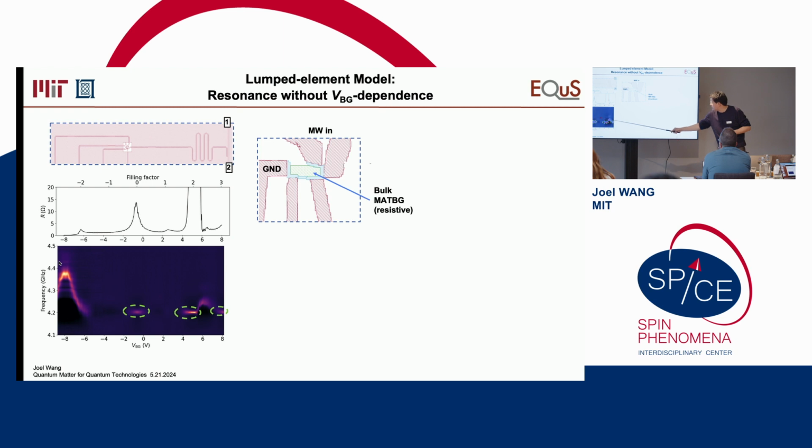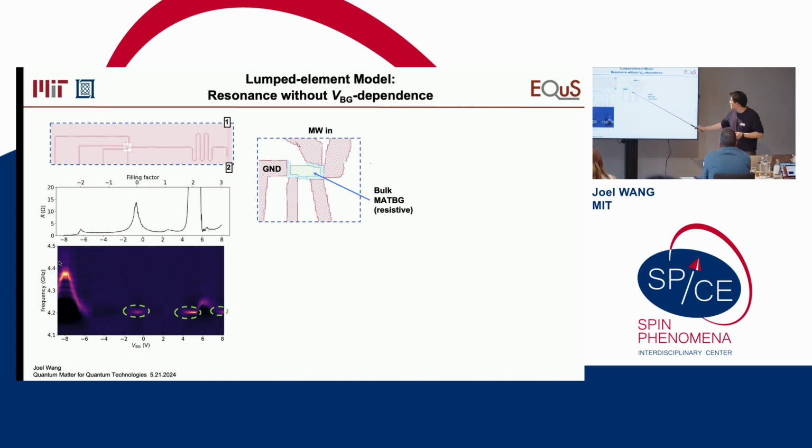First of all, we look at these resonances, and we know this device is insulating, so the bulk of the graphene is insulating, a large resistor. However, we also need to consider that on the edges of the devices, because we use titanium aluminum contacts, there's a small region close to the contact that is proximitized by the superconductivity of the aluminum contact.